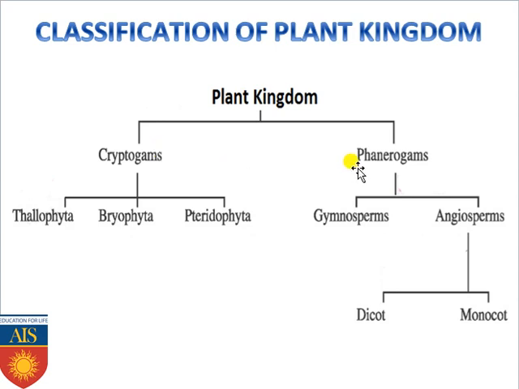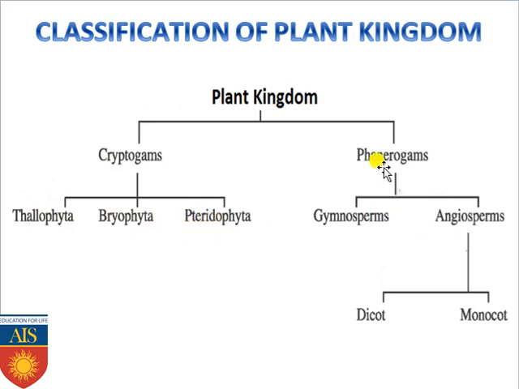Next, phanerogamy are those kinds of plants which have seeds, because phanero means present. The seed can be naked or covered, but the seed is present. So plants which have seeds come under this category, phanerogamy. Cryptogams can be subdivided into 3 different categories: thallophytes or algae, bryophytes or moss, and pteridophytes or fern.